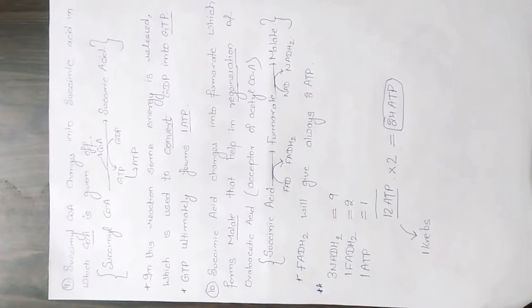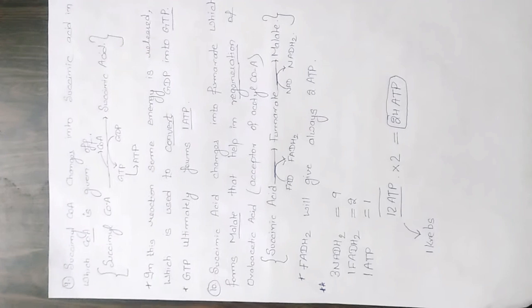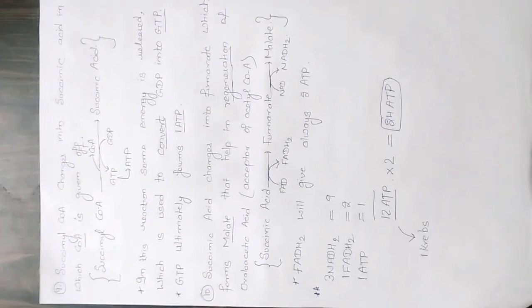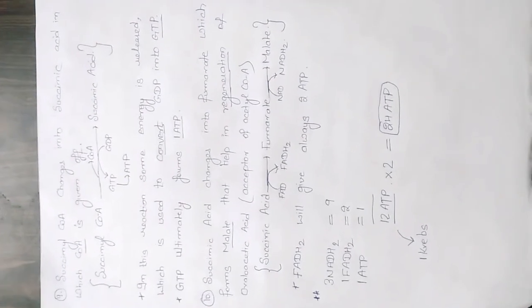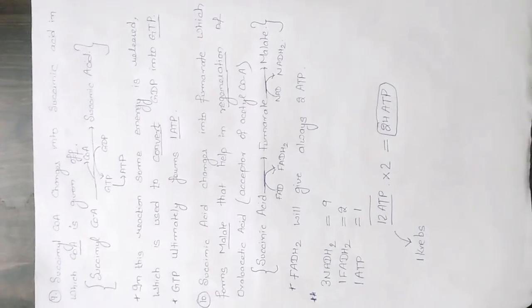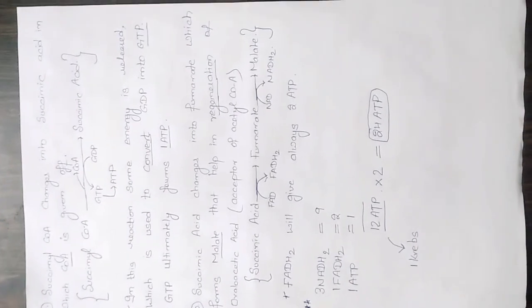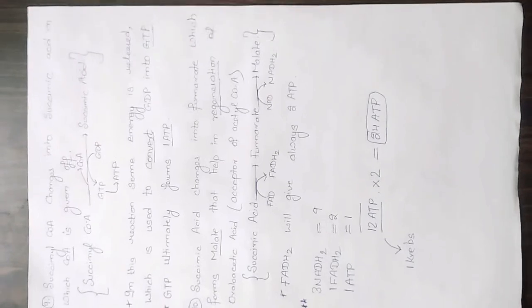Remember always, Krebs cycle starts from acetyl coenzyme A. The reaction in which pyruvic acid is converted to acetyl coenzyme A is the oxidative decarboxylation step.